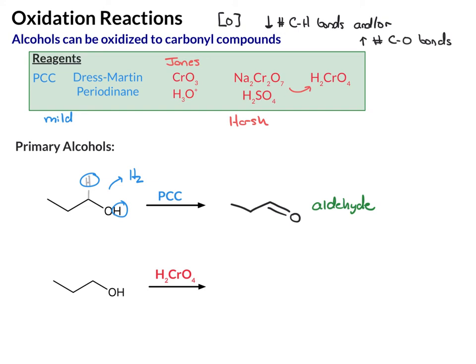Now, if we go to a harsh oxidizing agent, let's see what happens. I'm going to draw in both hydrogens on this carbon. In the first step, it's the same as with PCC, where you lose the two hydrogens, effectively as H2. So we're left again with the aldehyde, but with the harsh reagent, it doesn't stop at the aldehyde.